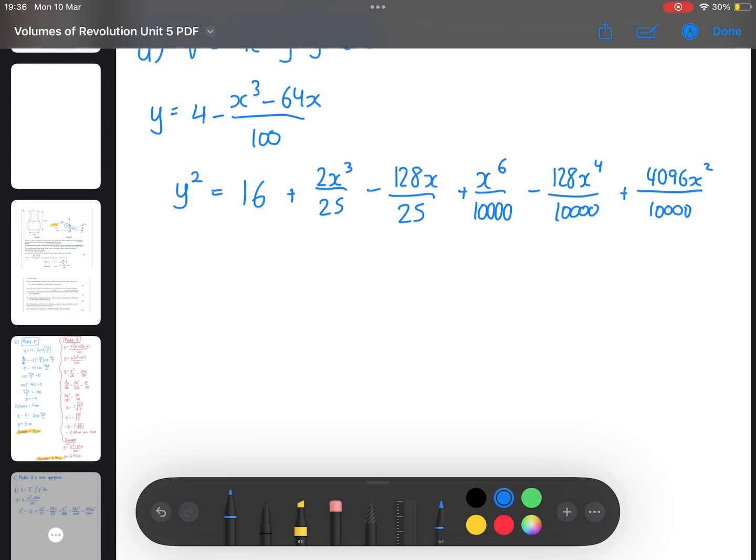And we need to integrate that expression with respect to x, which shouldn't be too bad, but a useful piece of advice here is to factor out the 10,000.